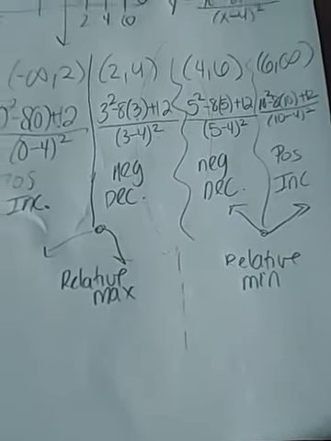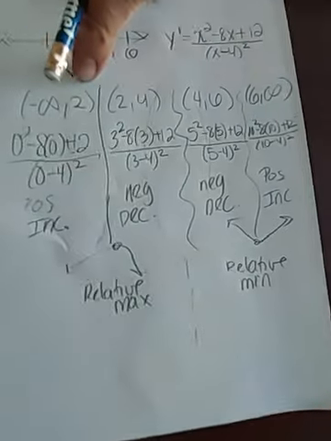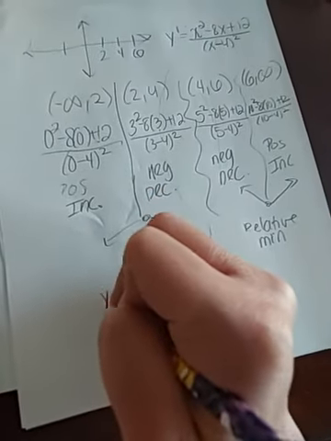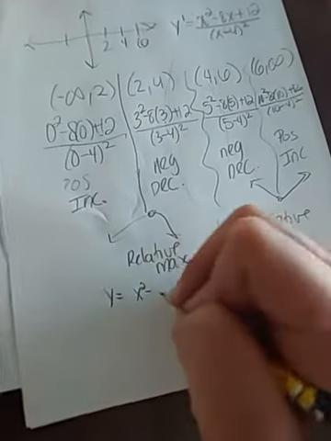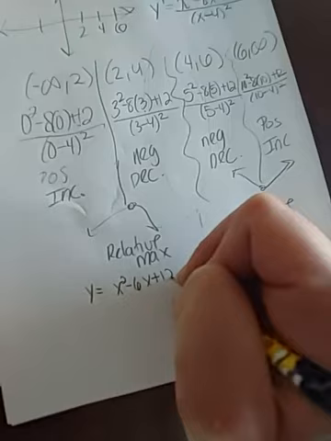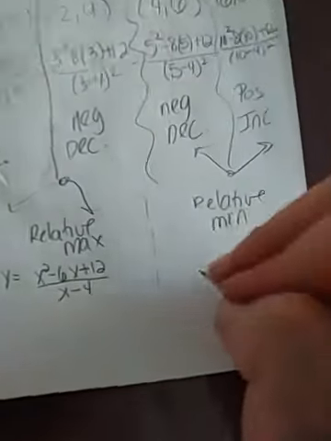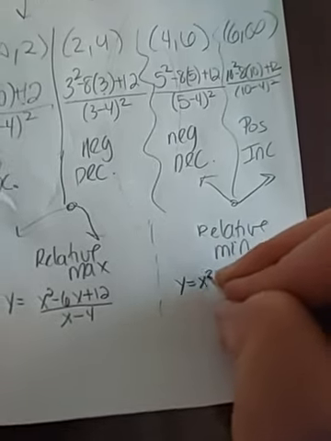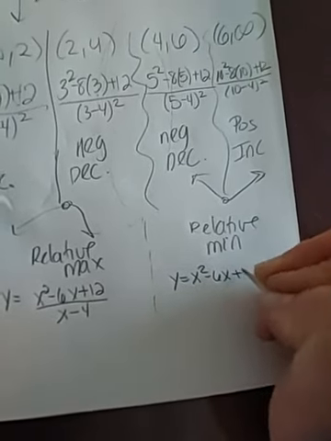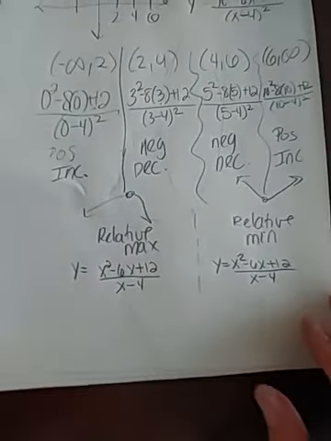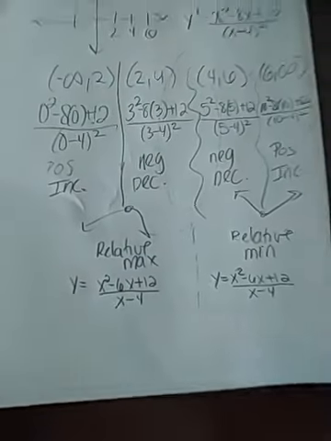So I have to go back to the original function, which is x squared minus 6x plus 12 over x minus 4. Okay, and we have to plug in 2 and 6.